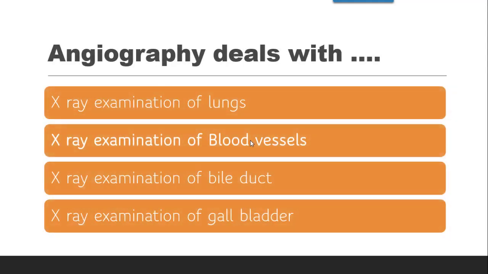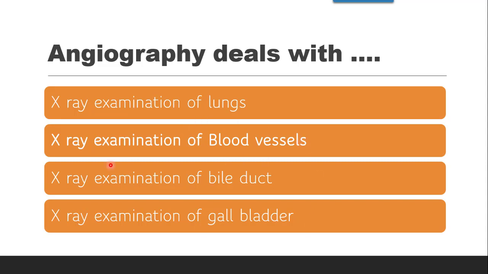Next question is, angiography deals with. Now angiography deals with the X-ray examination or visualization of which specific organ? Angiography deals with the blood vessels, arteries as well as veins. The other options are X-ray examination of lungs, blood vessels, bile duct, and gallbladder.